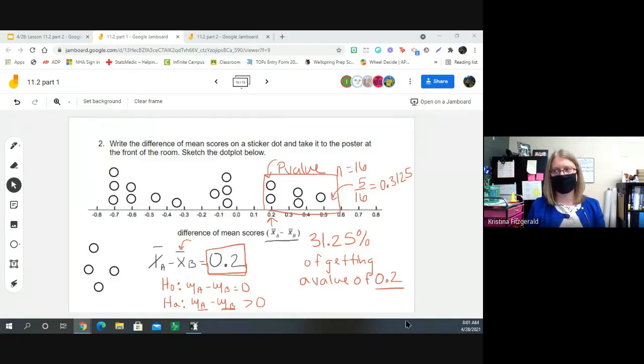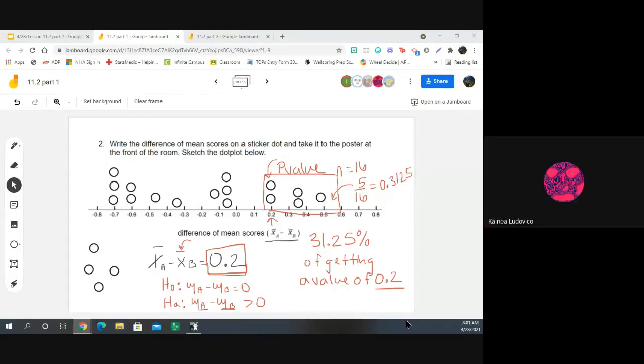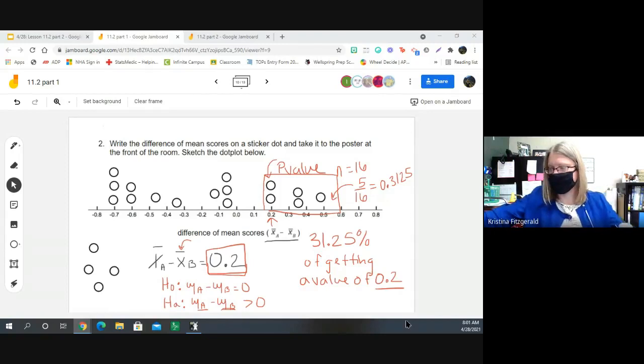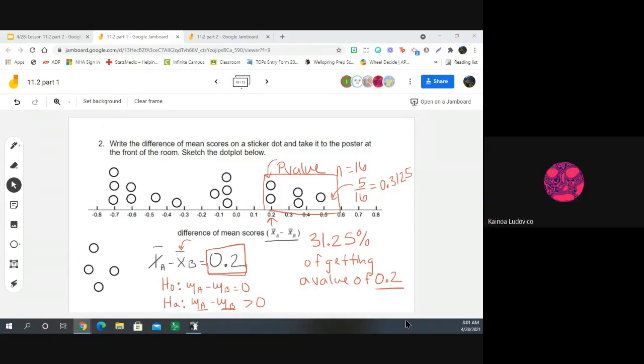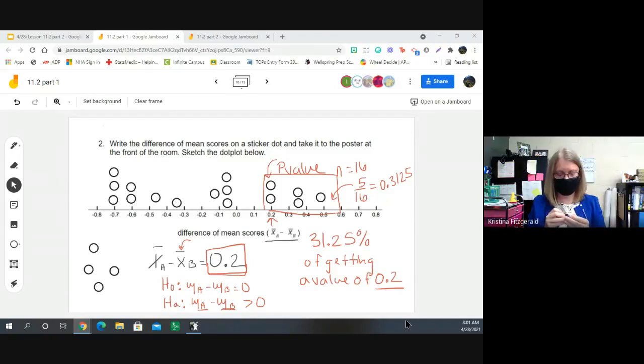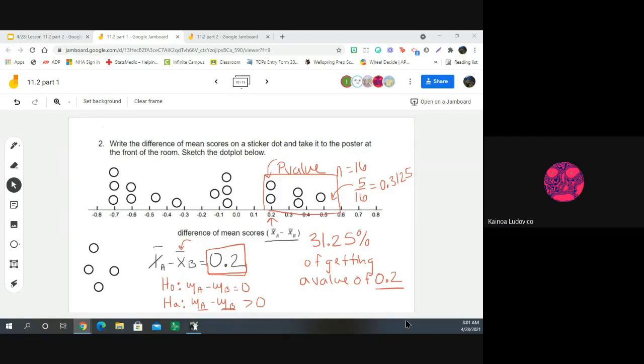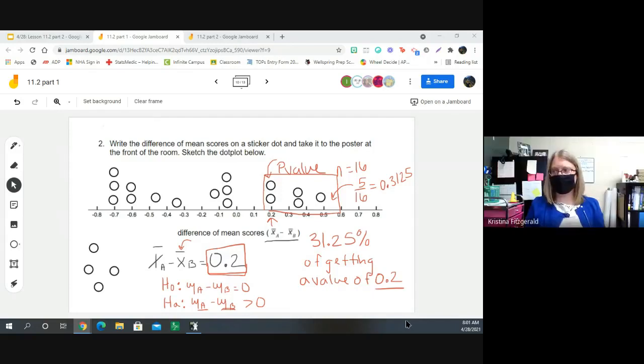Good morning, Erica. I think it's not the highest it can be, but it's still like, it's not like super low either. Yeah, it's not awesome, but it's over 25% of the time.